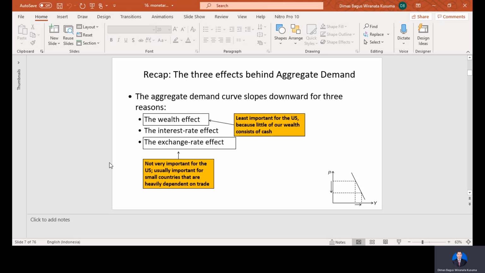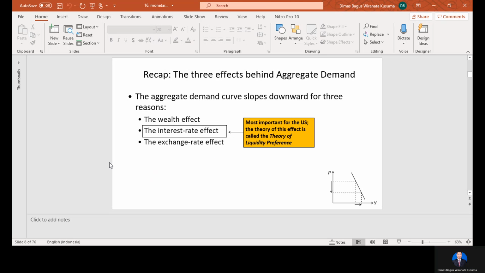The exchange rate effect is taken into account when a country is highly related to exchange rate fluctuations. And the interest rate effect is most important in the US; the theory of this effect is called the theory of liquidity preference. So the interest rate here is related with liquidity preference, to what extent liquid assets exist.